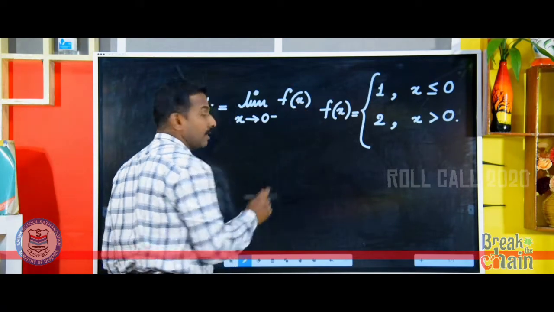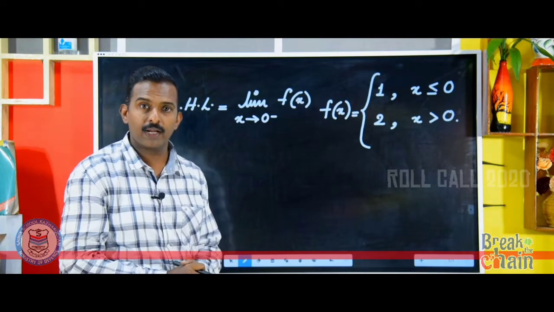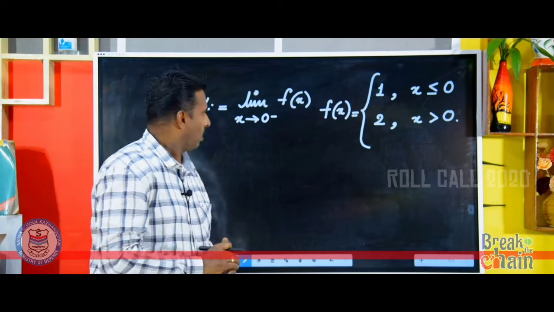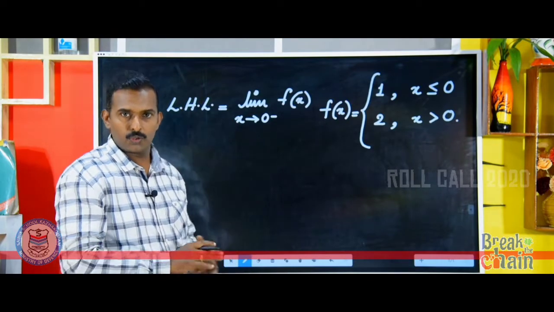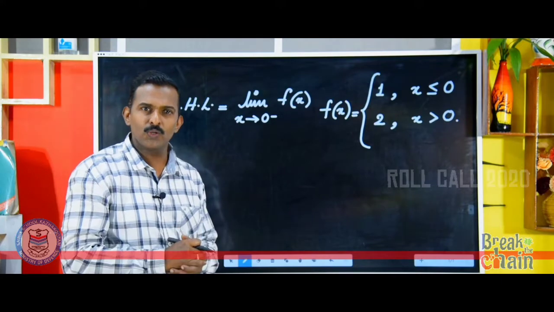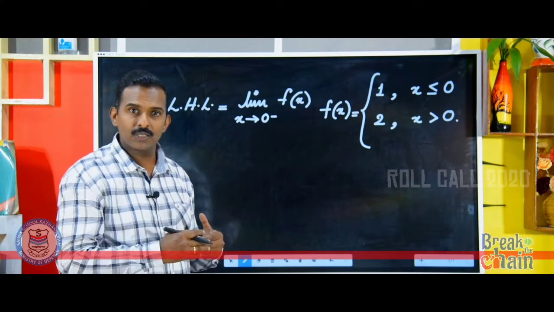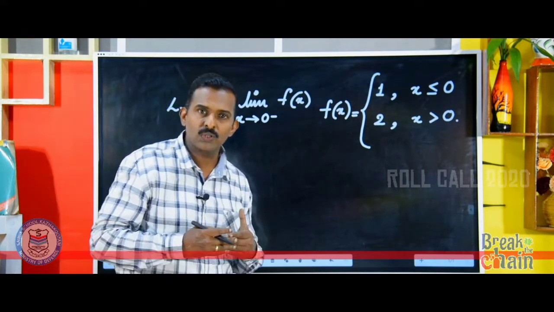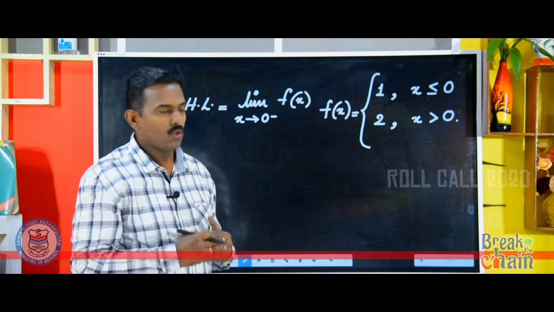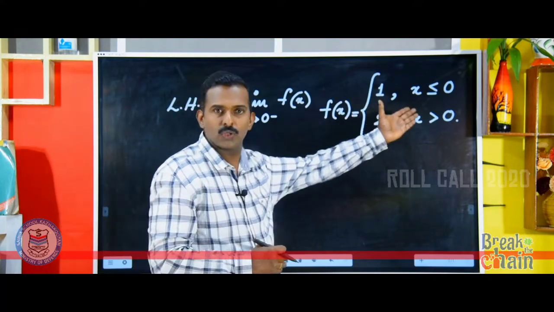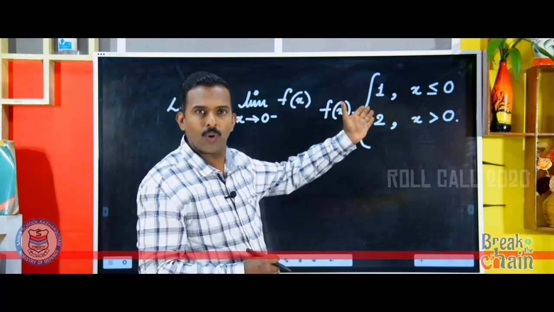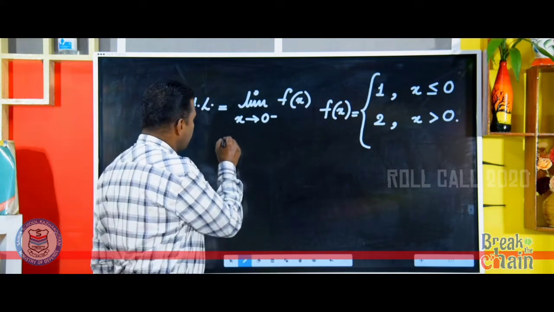We are calculating the left hand limit at x equal to 0. Now, x tends to 0 minus means all those values of x which are less than 0, that is x tending to 0 from the left hand side. For every value less than 0, the function takes the value 1. Therefore, surely the limit should be 1.